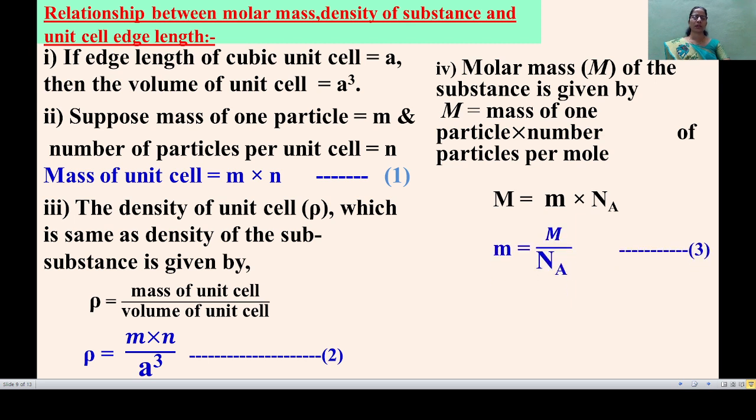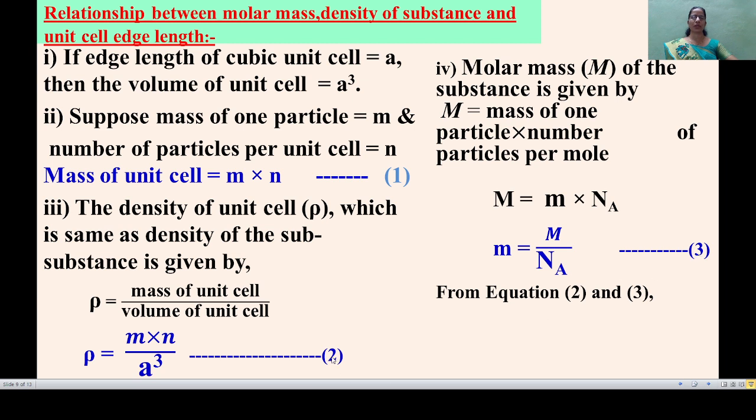If we rearrange this equation, you will obtain the mass of a single particle is equal to molar mass divided by Avogadro's number. Now, suppose this is equation number 3.